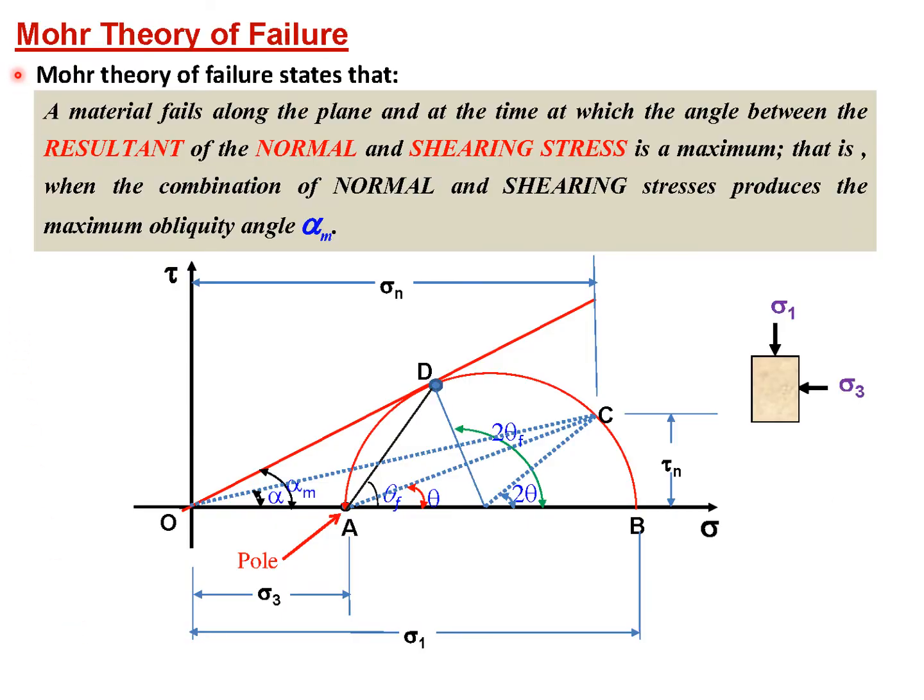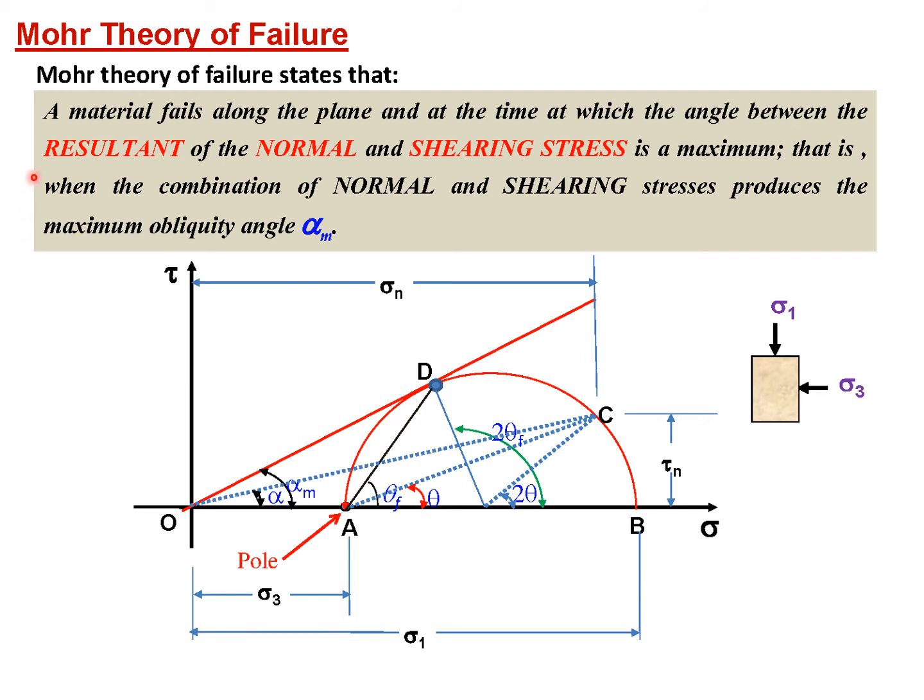So you will have to look at the Mohr theory of failure. Mohr theory of failure states that a material fails along the plane and at the time at which the angle between the resultant of the normal and shearing stress is a maximum. That is, when the combination of normal and shearing stresses produces a maximum obliquity angle alpha m.